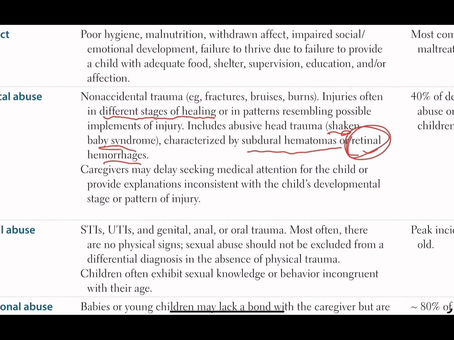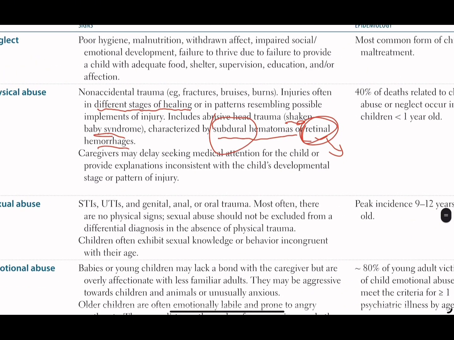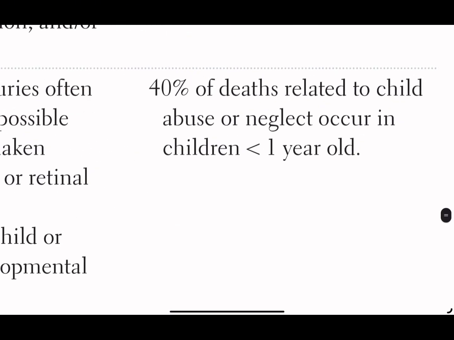So retinal hemorrhages in the baby or subdural hematoma is a sign of child abuse. That's physical abuse. Caregivers may delay seeking medical attention for the child or provide explanations inconsistent with the child's developmental stage or pattern of injury. So they will come like 2 days after the injury, or they will give a weird story. 40% of deaths related to child abuse or neglect occur in children less than 1 year.